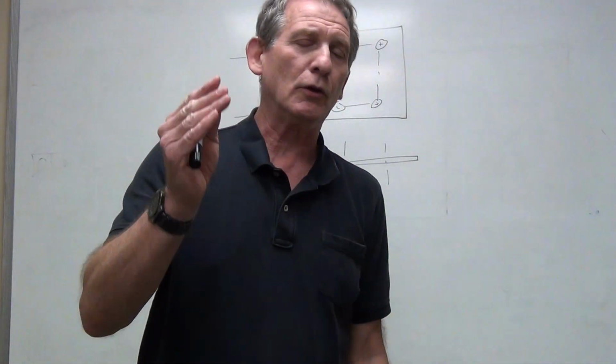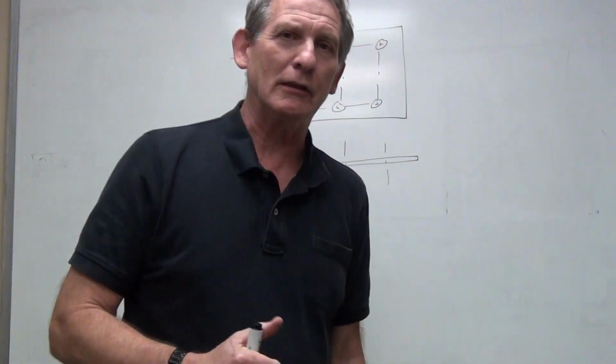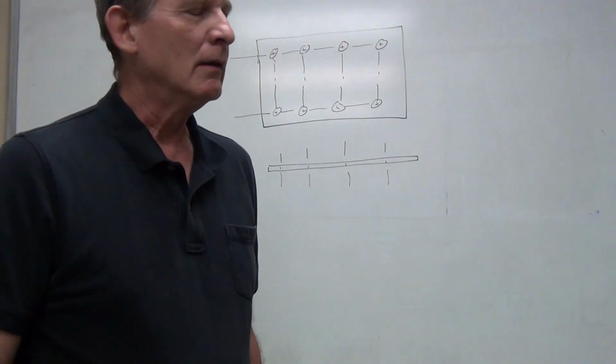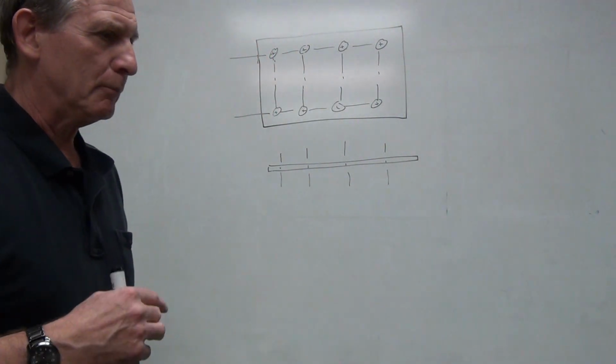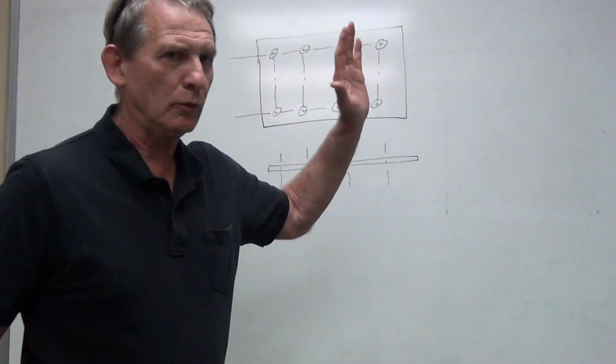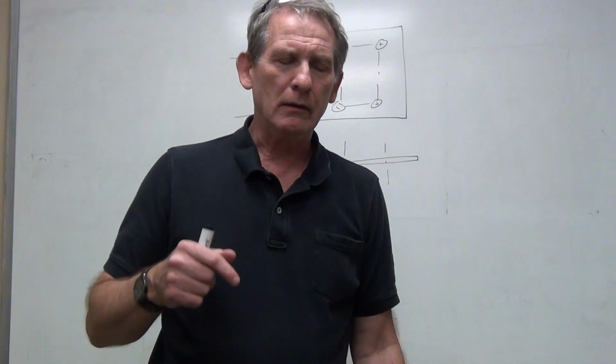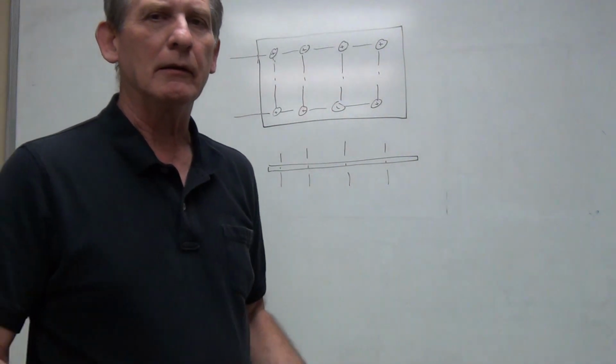The spacing of those holes isn't going to change. The spacing is going to be as precise as the tool that makes them. So the production of the pattern of the holes is fairly precise.